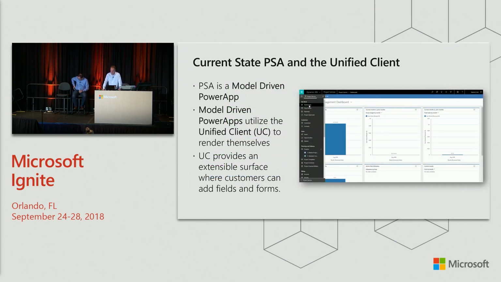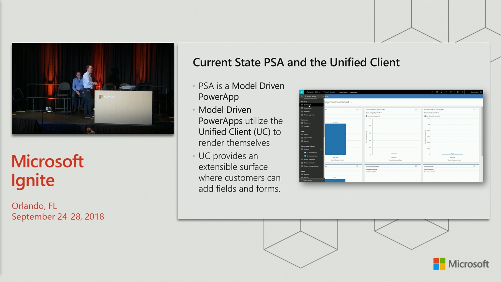Augmenting projects, and I was thinking about scenarios that we could work towards. But before I get there, I wanted to go back and make sure everybody in the room understood some of the TLAs, the three-letter acronyms that we throw around. The Unified Client is a Power App. It's a rendering tool that allows a modern model-driven app to be rendered. It's designed to be meta-driven. It's designed to allow you to easily create forms.